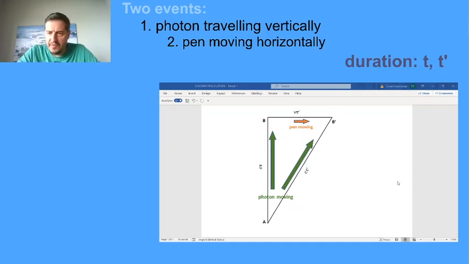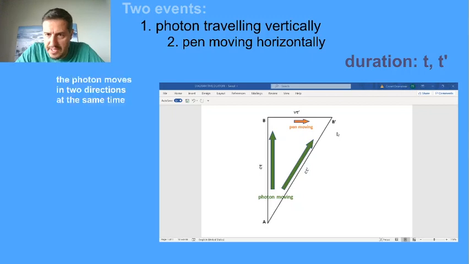And here you have the photon moving vertically, and here you have the pen moving horizontally. And you can clearly see that this situation resembles our dog crossing the river problem. And you probably recognize that since the photon is moving in two directions at the same time, the velocity along the hypotenuse should be larger than the velocity of the photon.